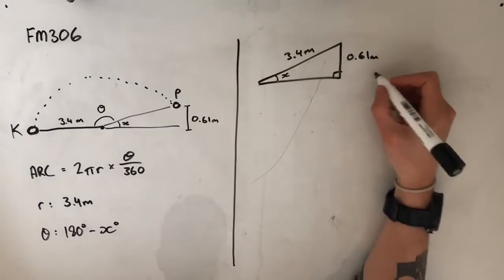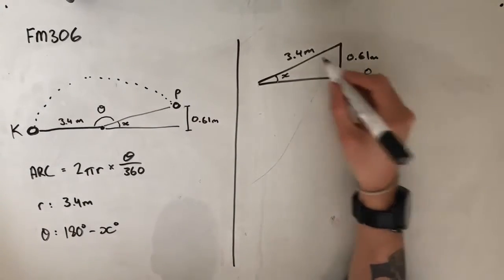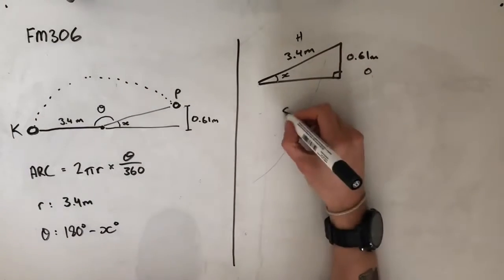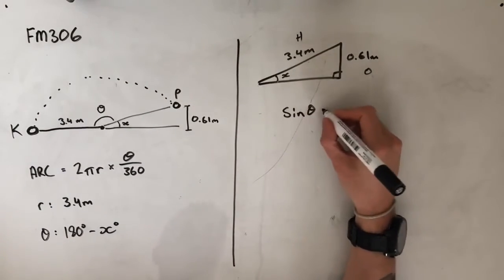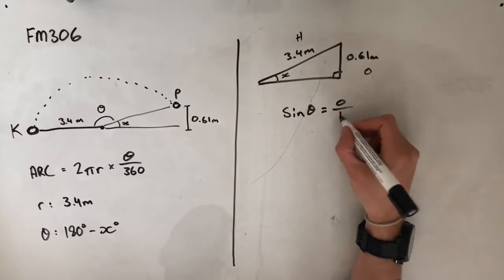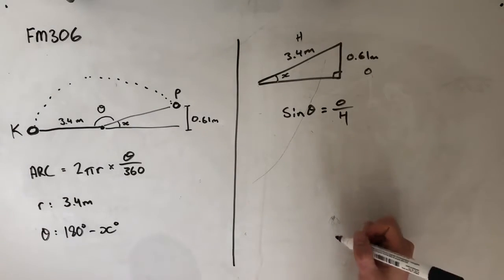From here, we have the opposite and the hypotenuse, so we know that we're going to be using our sine formula. Sine theta is equal to opposite over hypotenuse.